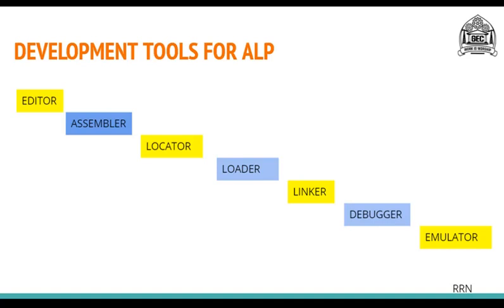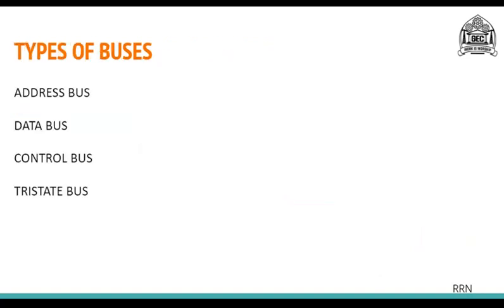Alright. Now students, let's move on to our next topic for today, which is types of buses. As we have seen in the previous class, the microprocessor communicates with the microcomputer using something known as a system bus. We have already learned that the system bus is nothing but a collection of different buses. So we will see what are the types of buses which collectively form your system bus.